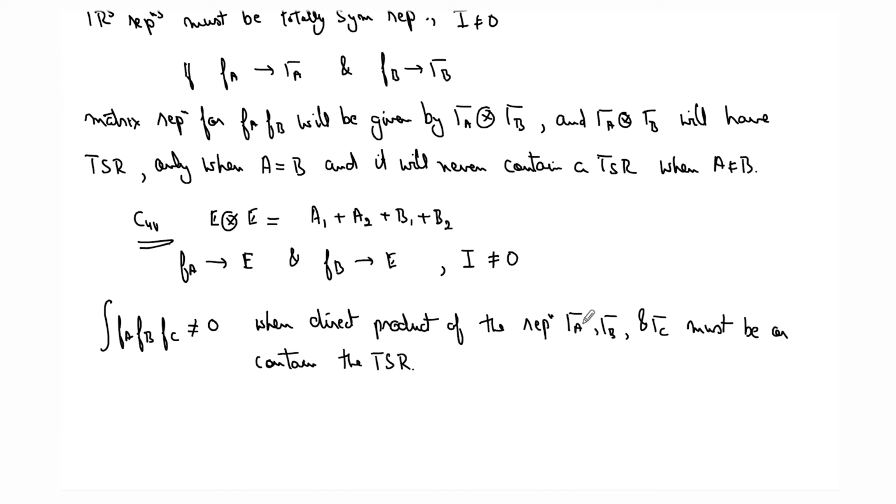So either they form a totally symmetric representation or they must contain the totally symmetric representation at least once.